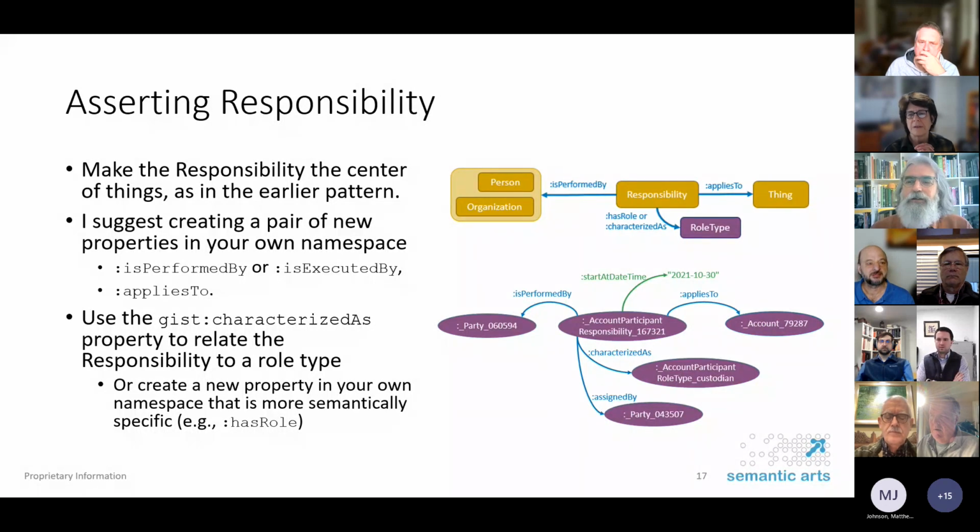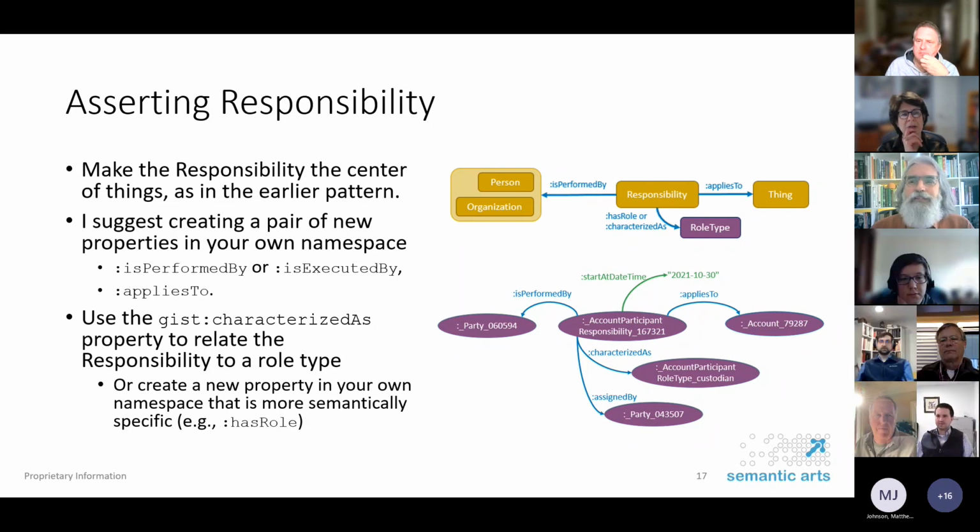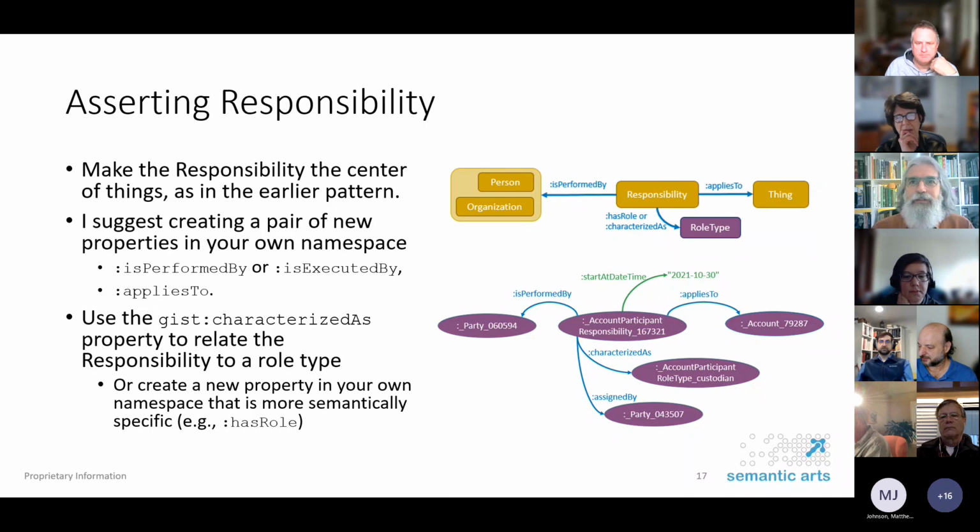In your top diagram there, you have a marriage in place of responsibility. Let's say the responsibility applies to the marriage. Joe is performing that responsibility, and his role is characterized as spouse.